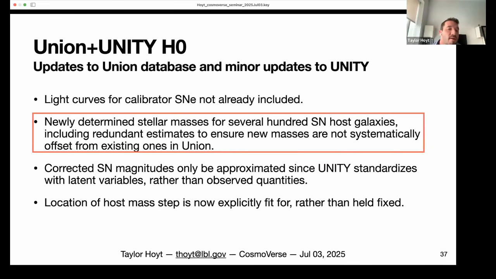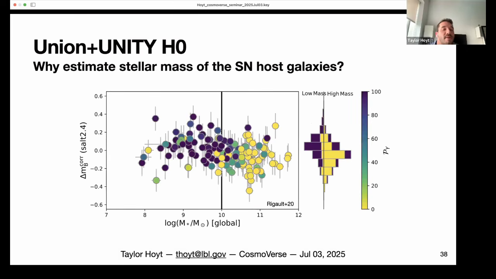And then for Unity, only small updates on the host mass correlation. I'll introduce what the host mass step is later, but that's explicitly fit for rather than held fixed. So why do we bother estimating the stellar mass of supernova host galaxies?